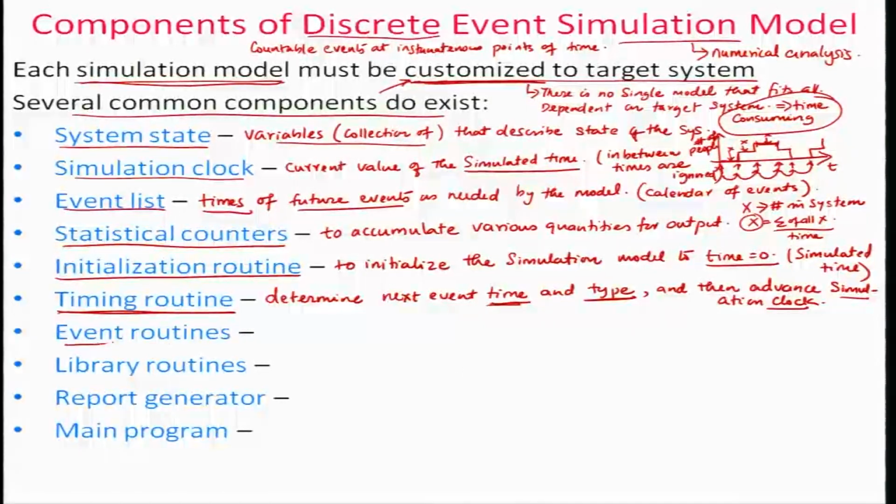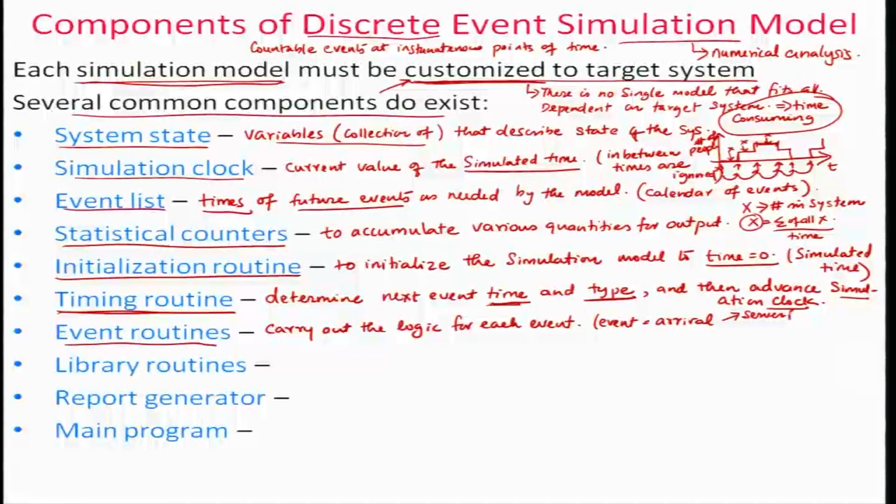Then comes the next one, what we call event routines. The job of event routines is to carry out the logic for each event. So, assume the event is an arrival, then a person arriving into the queue will check whether the server is free or busy.